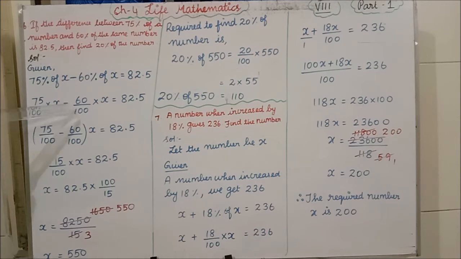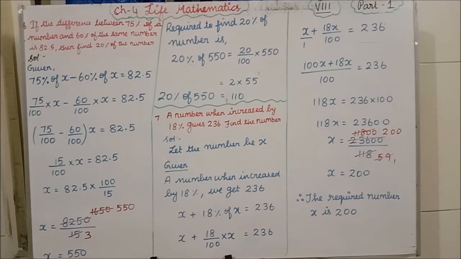Here also we are having x, and here also we are having x. Both the terms have x, so we can take x commonly out. See, I have taken x commonly out. In between I have written inside, 75 by 100 minus 60 by 100, into x equal to 82.5.